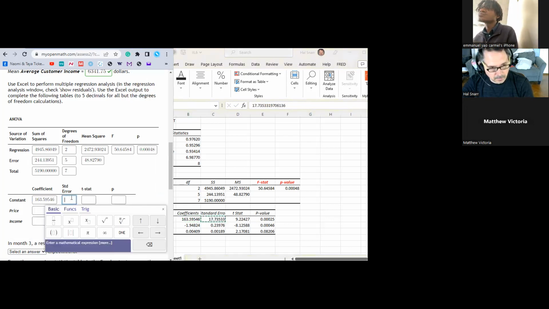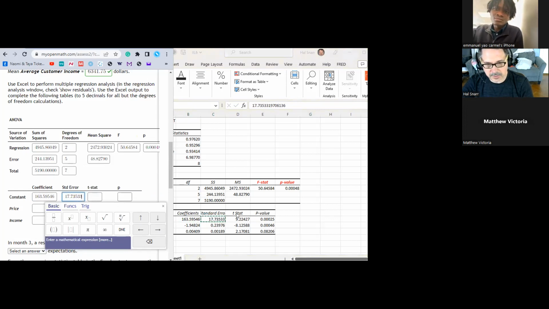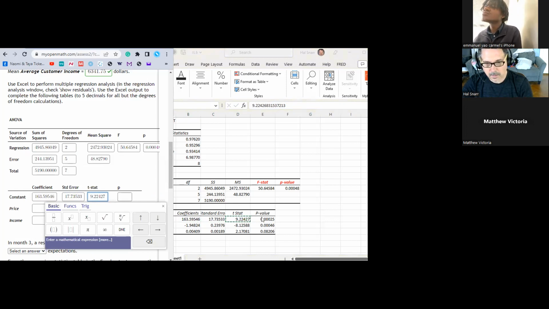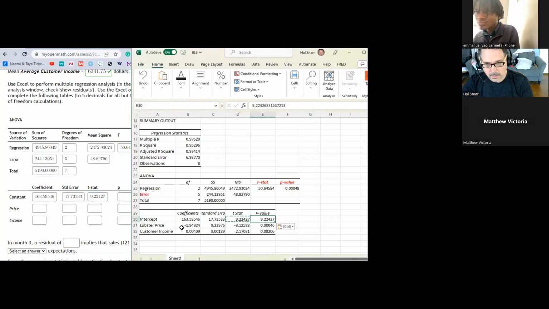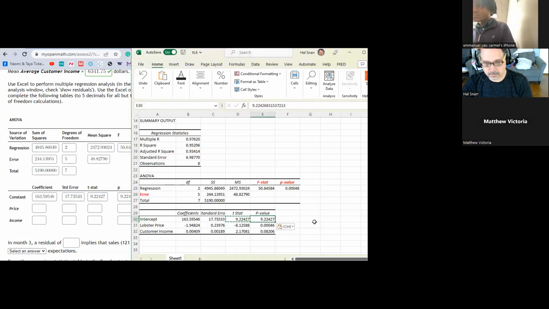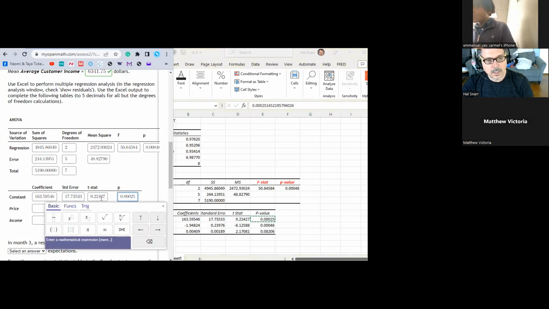The ratio of these two numbers is the t-stat. The probability of being greater than a positive 9.22 or being less than a negative of that number is this p-value.